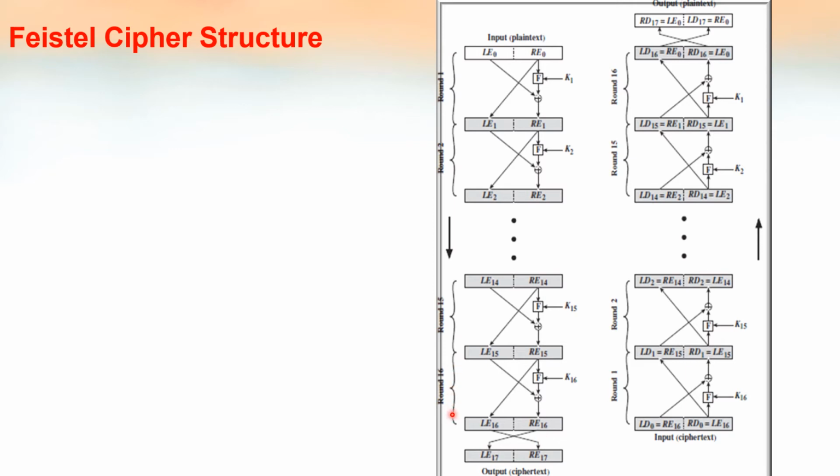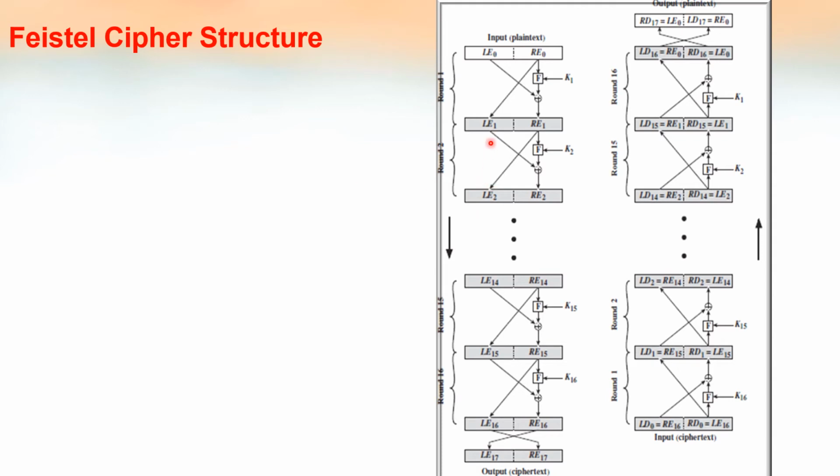After the 16th round, we get the left side as LE16 and the right side as RE16. Then one swap is done: the right side is swapped to the left side and the left side to the right side. After the swap, it becomes the ciphertext.